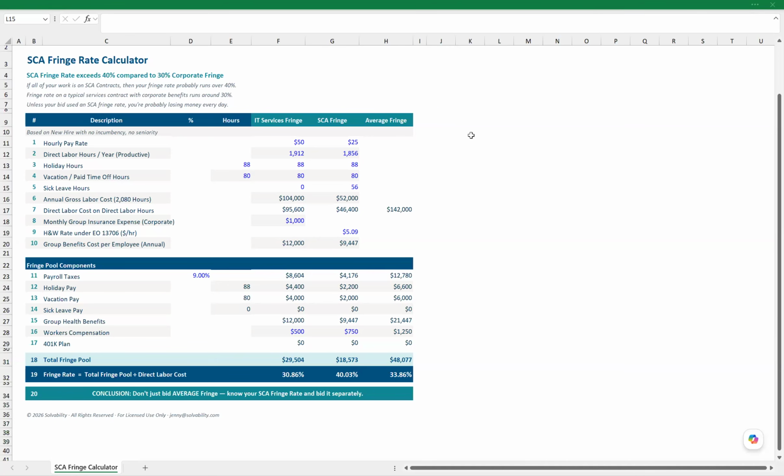There's something called a directory of occupations that lists those jobs, and there is a document called the wage determination that prescribes the wage rate specific to the location where the work is being performed. So paying the minimum wage or above is the first requirement. And then the second requirement is the health and welfare, otherwise often known as the fringe. This is for most contracts right now $5.09 per hour.